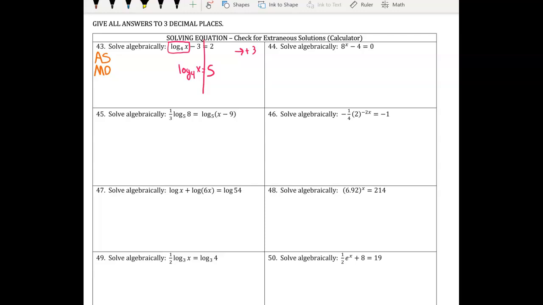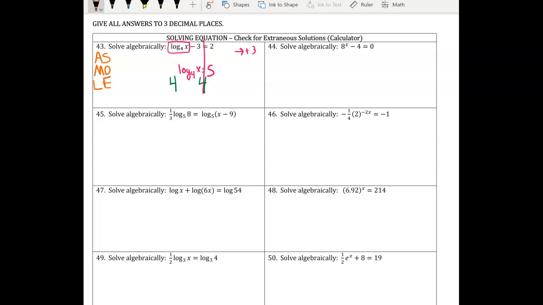So instead, to undo the log to get to the x, I'm going to make an exponent out of it. And when I make an exponent out of it, I'm making the base of the exponent. So if the log has a base of 4, my exponent is going to have a base of 4. So now the left side should read as 4 to the log base 4 of x as its exponent.